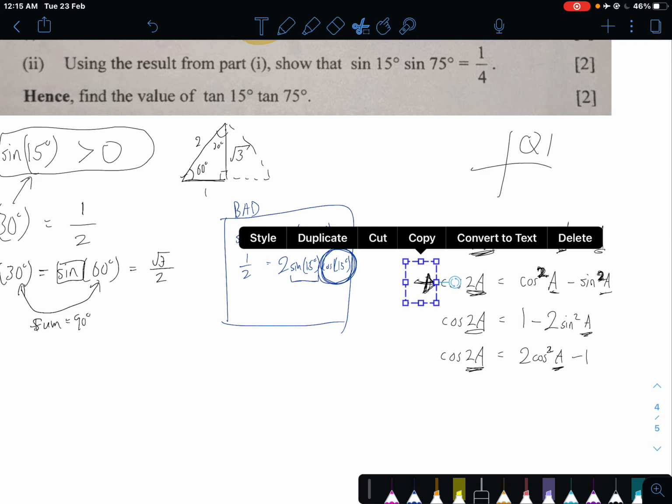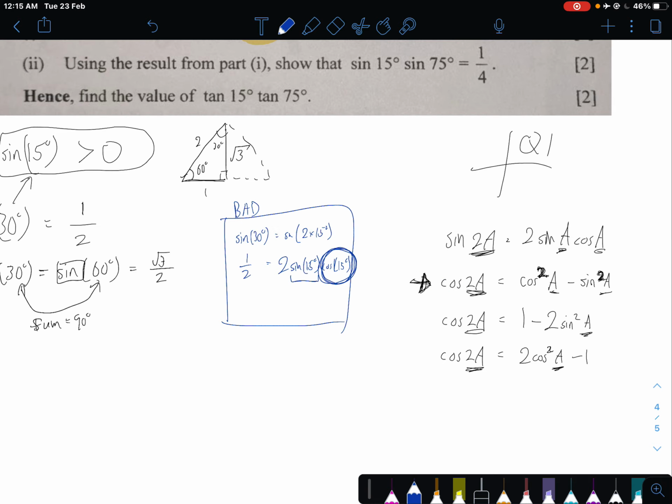Let's say I picked cosine squared minus sine squared. Again, there will be a problem. Do you see the problem? Let's say you have cosine of 2a being 30 degrees. Then you halve the 30 degrees, so you get cosine squared of 15 minus sine squared of 15 degrees. I'm lazy, that's why I never read out the degrees, but you should know. In this case, cosine 30 degrees, good, I know the value. It is simply root 3 over 2. Cosine 15 degrees, then you square it.